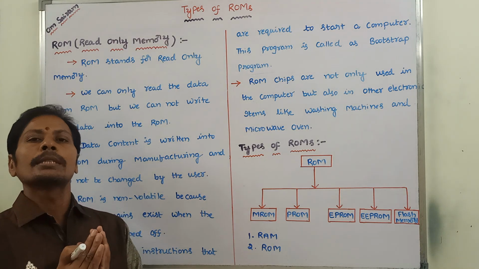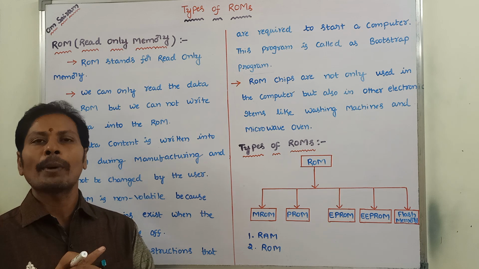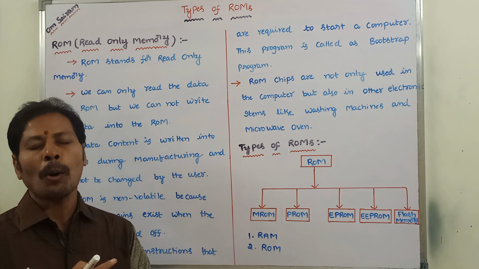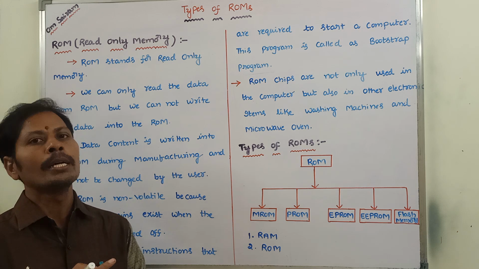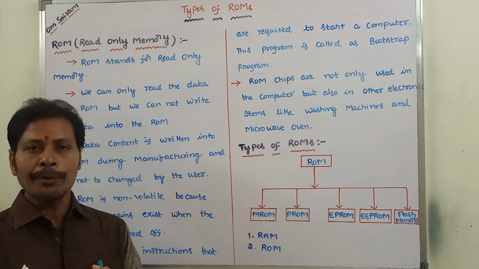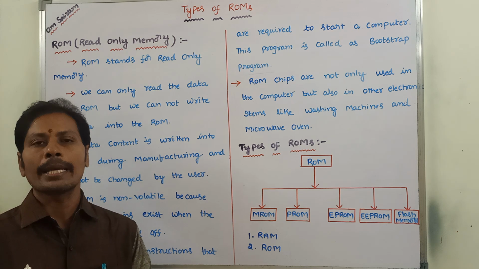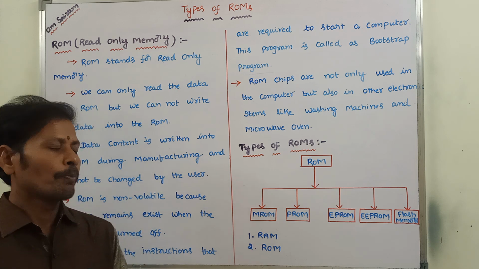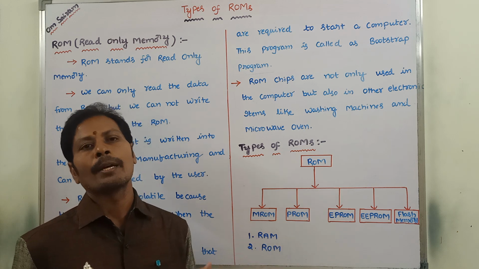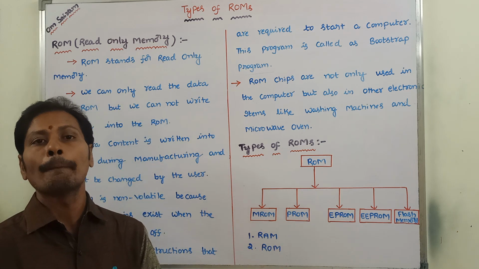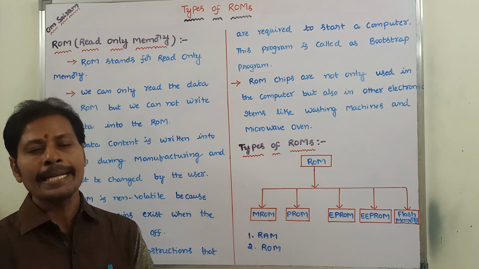Generally, there are two types of operations that can be performed on the main memory or primary memory. First one is read operation. Second one is write operation. In the case of random access memory, we can perform both read and write operations.